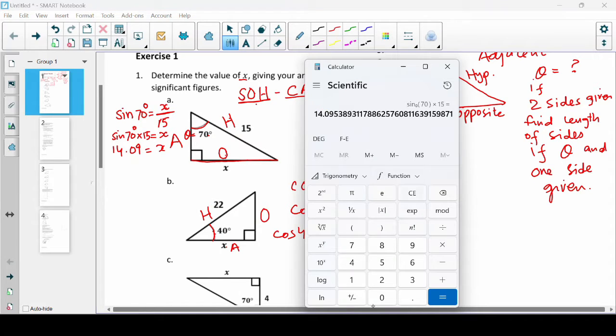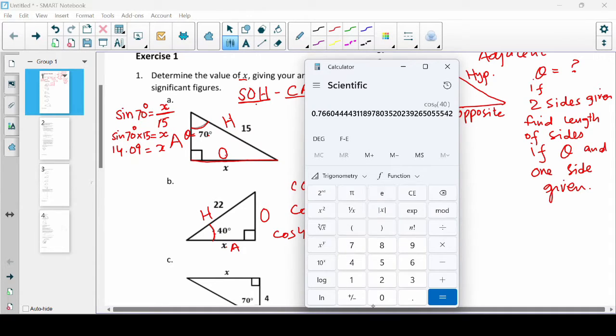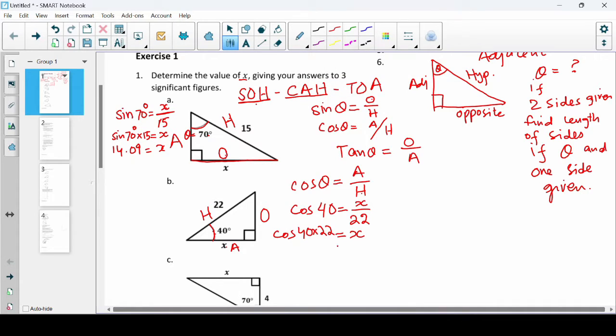If we solve this, we first write 40 and cos, the trigonometric function cos is 0.76, and we multiply it with 22, and this gives us 16.85, right? So we have to write in three significant figures. The fourth one is 5 or greater, so we can change this into 16.9, so x is equal to 16.9. So this one is the value of x.